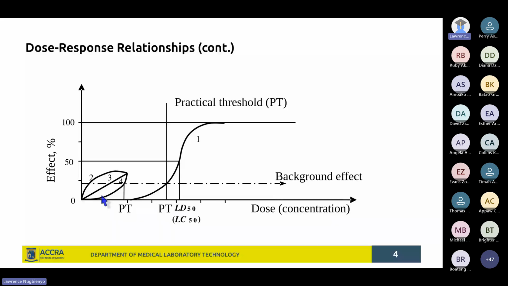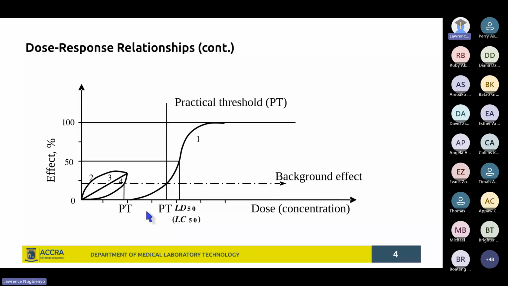So in that case, you can see that we are having this region labeled PT. You have that concentration there labeled PT. You have another concentration here labeled PT, what we are referring to as a practical threshold.